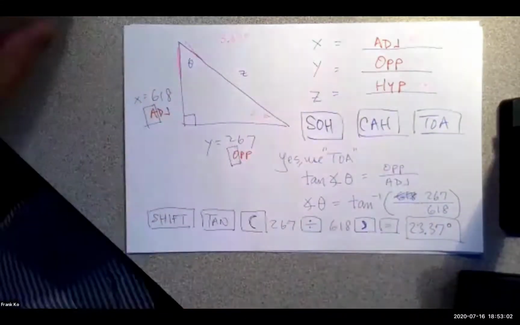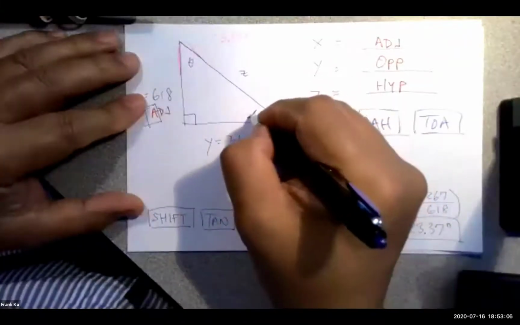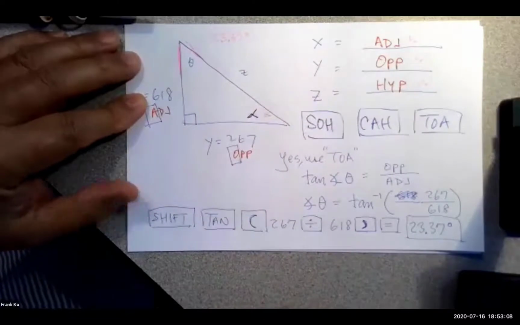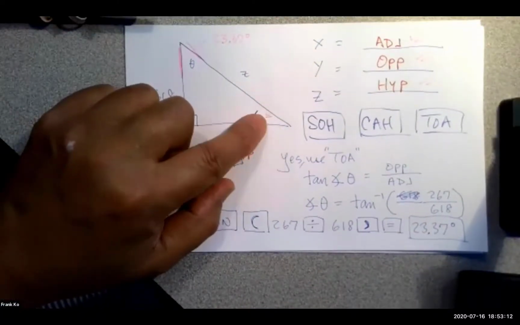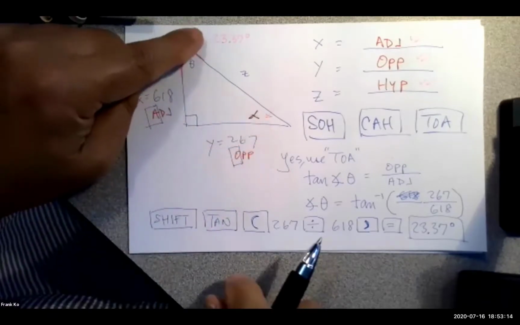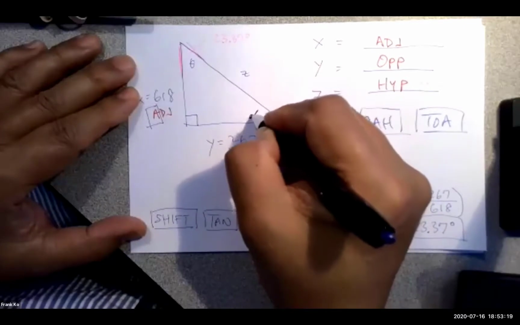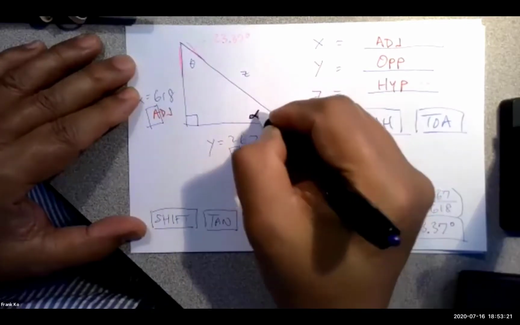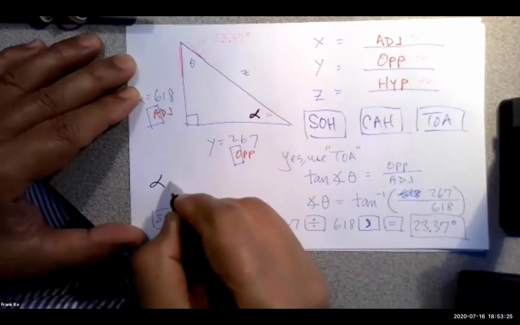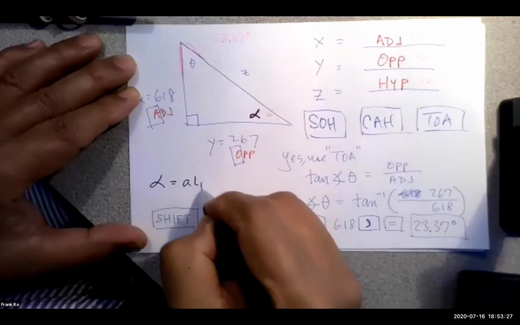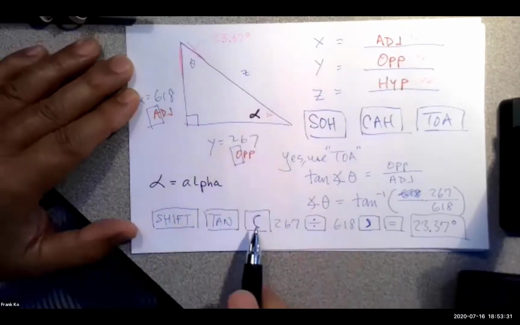Okay, so let's call this particular side, use a different color here. Let's call this angle alpha. We're going to calculate alpha to double check theta. So I'm going to make this guy the angle of interest now. The Greek letter alpha looks like this. It's kind of a loopy thing, and it's called alpha, right? So this becomes our angle of interest.